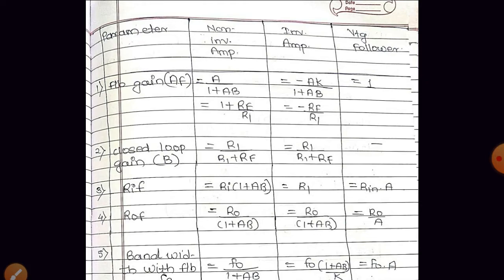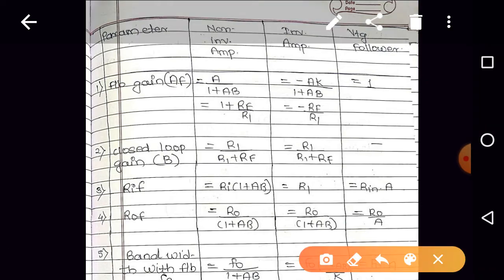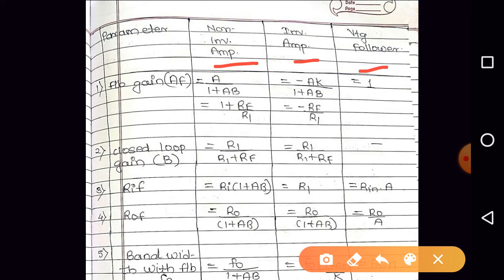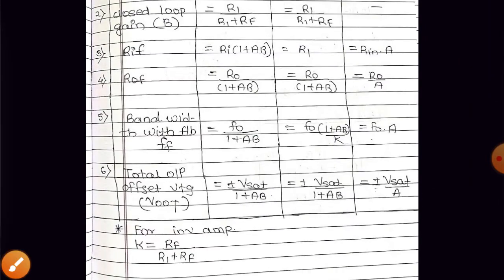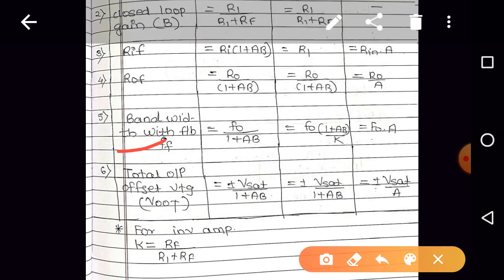Now to solve the numericals based on closed loop amplifiers: non-inverting amplifier, inverting amplifier, and the voltage follower. These are the parameters. Parameter number 1, feedback gain, closed loop voltage gain, input resistance with feedback, output resistance with feedback, bandwidth with feedback, and total output offset voltage.